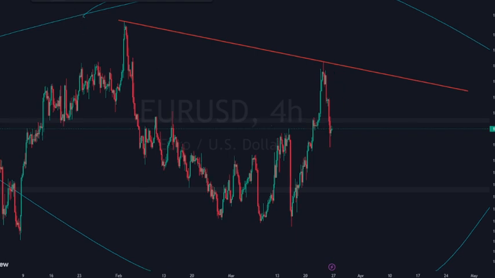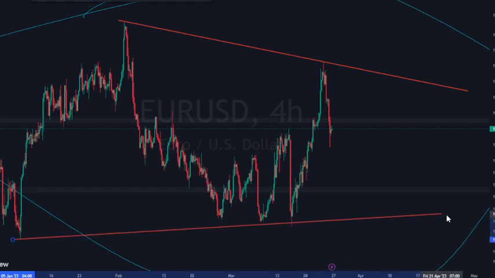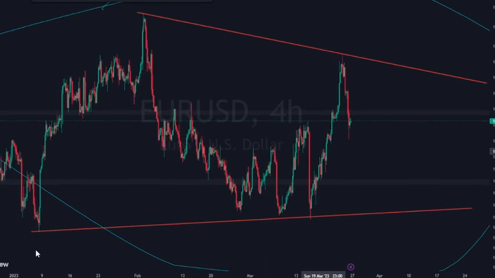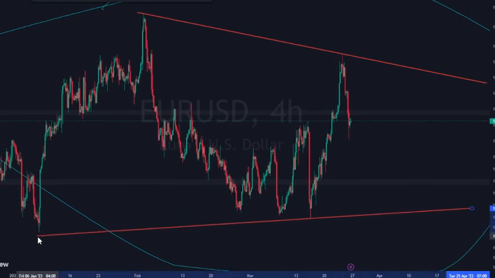So this is also one of my continuation patterns. Let me see if it's just doing from the low, and I do this.